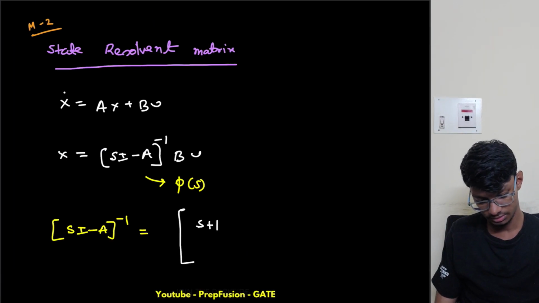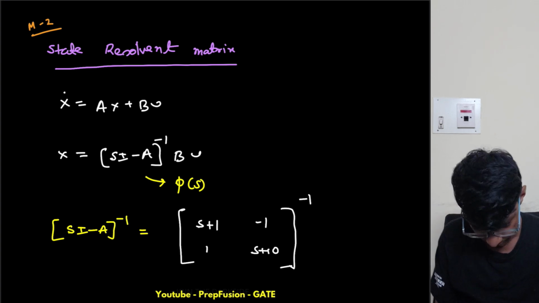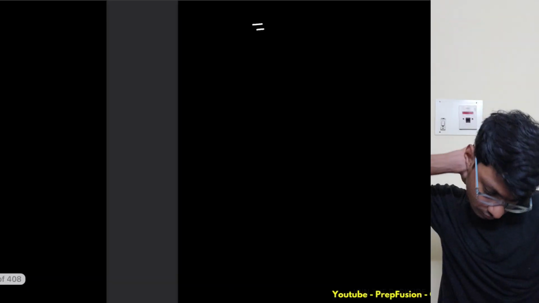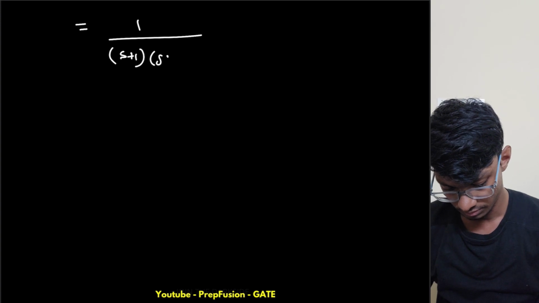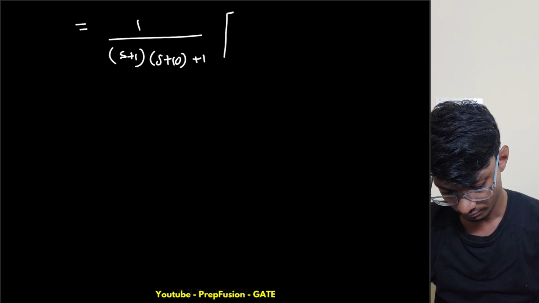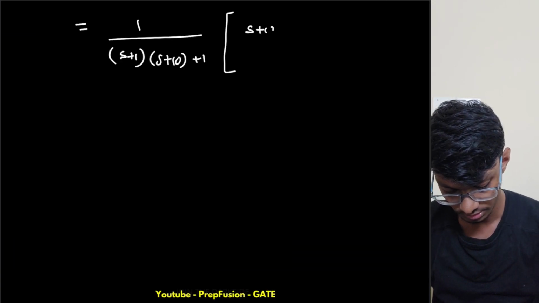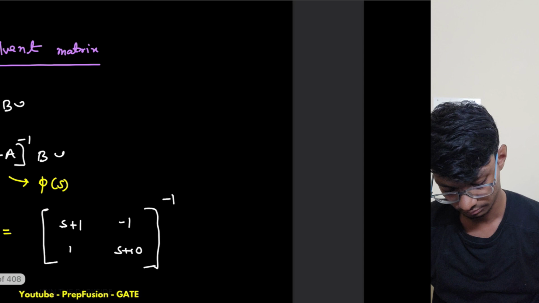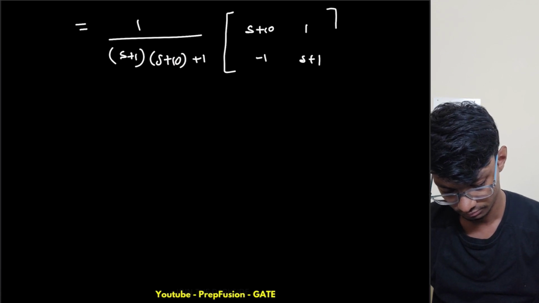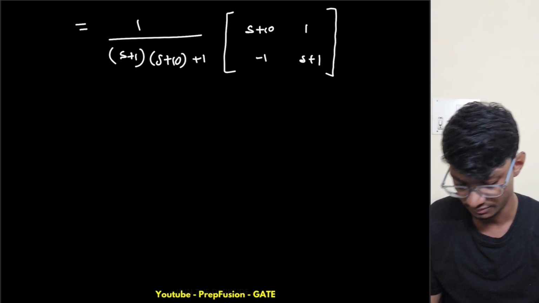And the inverse of this is simply 1 by s plus 1 into 1 by s plus 10, and this is plus 1, and I will swap them. So this is s plus 10, s plus 1. So this is basically my resolvent matrix phi of s.